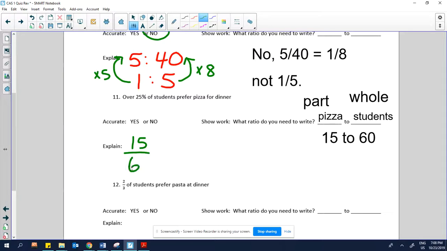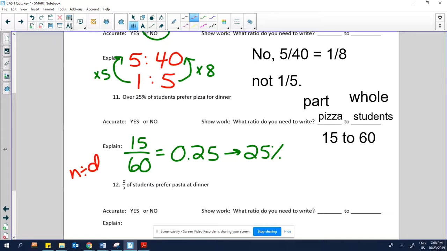15 over 60. Change that to a decimal for me. 25 hundredths. Change that to a percent for me. 25%. How did I do that? Numerator divided by denominator to get your decimal, times 100 to get your percent. Is this a true statement?